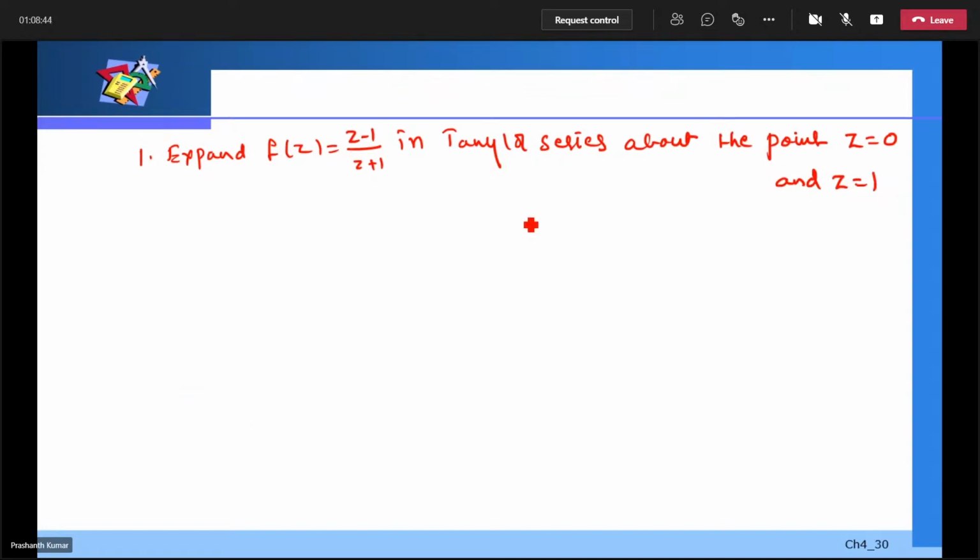About the point z is equal to 0 and about the point z is equal to 1, both two problems.